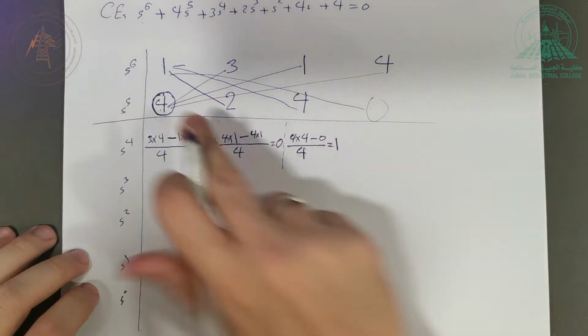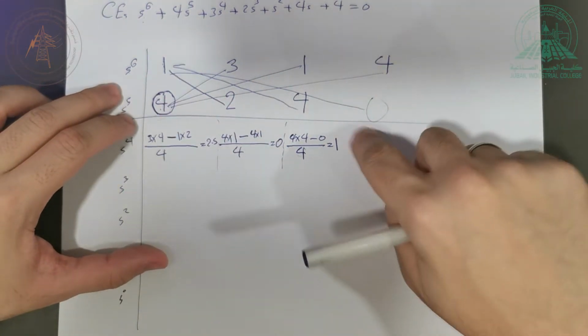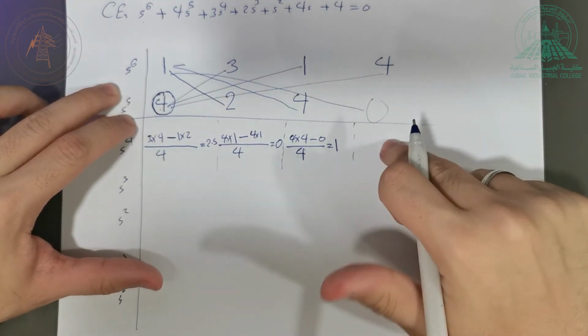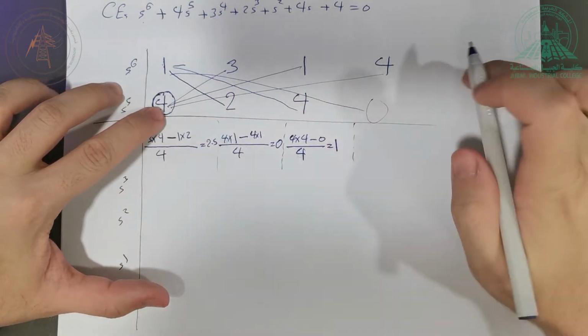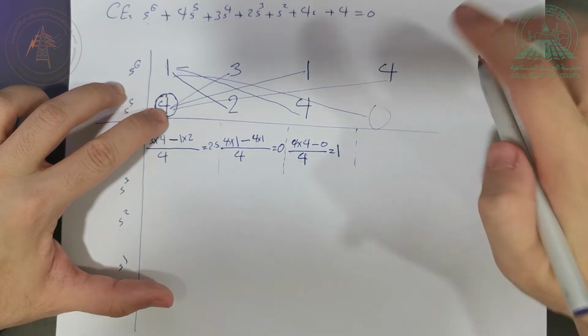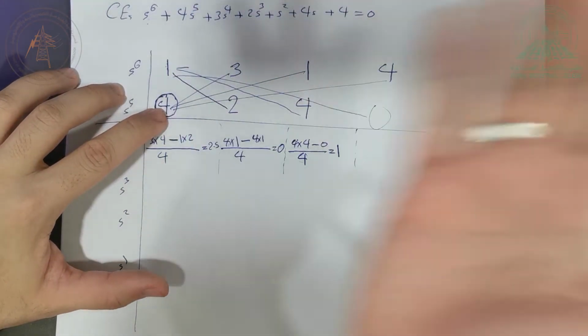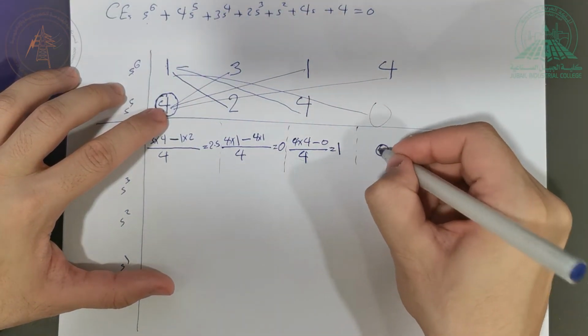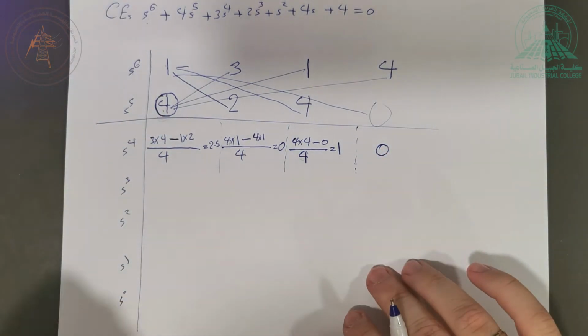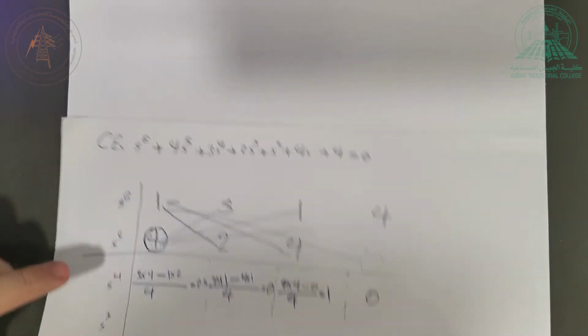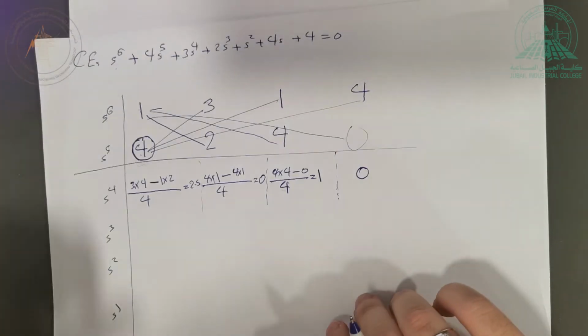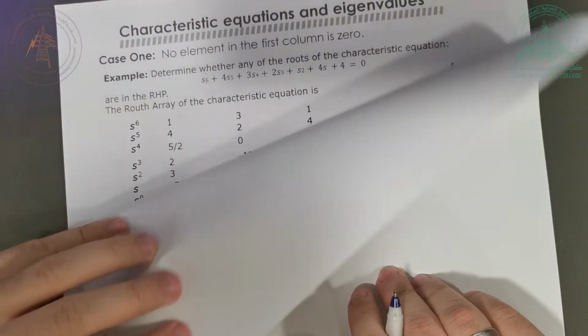Okay, how about this? If I want to get this value here, what do I do? I will have to multiply 4 multiplied by 0. The cell here: 0 minus 0 multiplied by 1. So 0 minus 0, I get 0. So I can just leave it as an empty space. Okay?